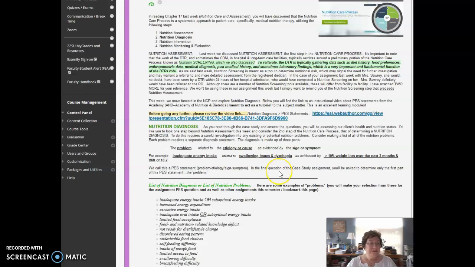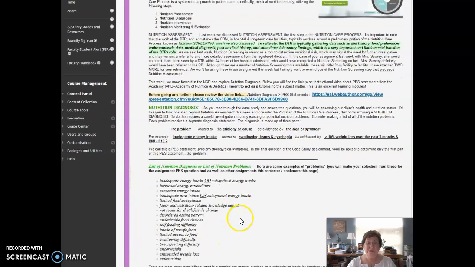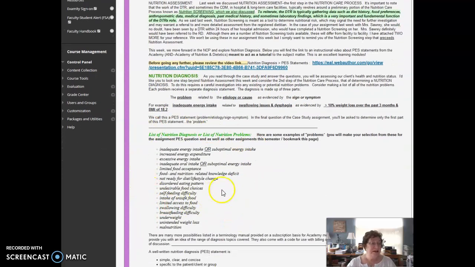All right, notice the list of problems that we see here. This is not an exhaustive list, but is enough for you to utilize in this course this semester. When you write a PES statement, you must use the phrasing referenced here. You cannot make up your own.